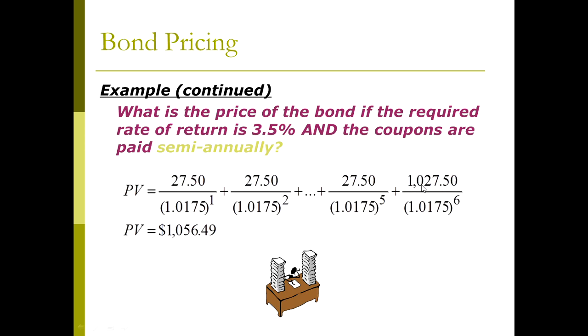You're going to receive a $1,000 face value plus the last $27.5 coupon payment. Okay, so now it's going to be discounted 6 periods from now. The present value is $1056.49. Okay, so now I want you to pause the video again and think about this price. The price is $1056.49.